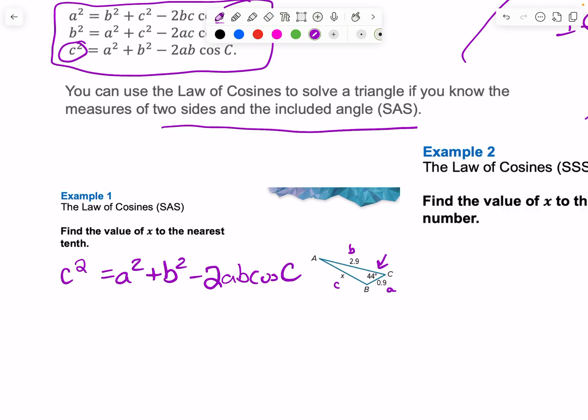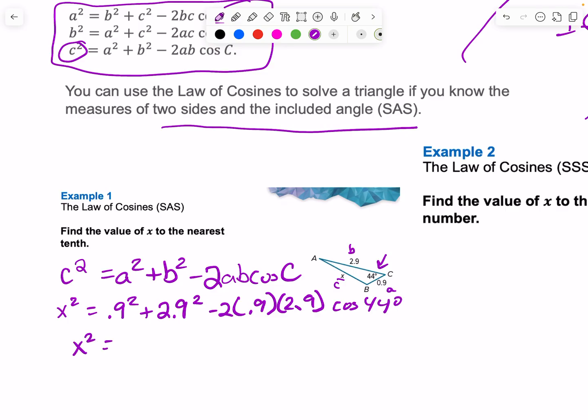And we're just going to plug that in. C squared becomes X squared because X is what we're technically looking for there. It doesn't really matter, we can keep that the same, but I'm going to change it to X squared. That equals 0.9 squared plus 2.9 squared minus 2 times 0.9 times 2.9 times cosine 44 degrees.